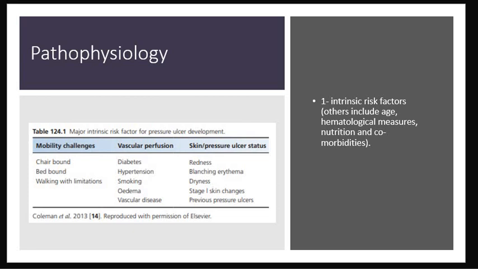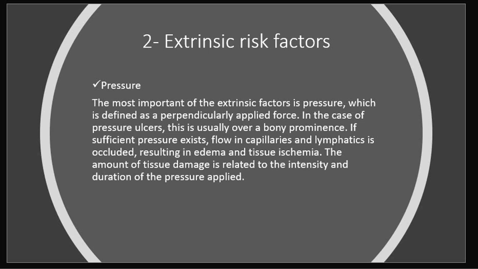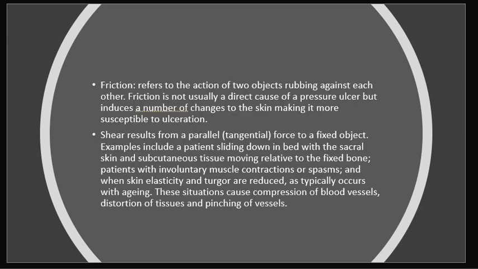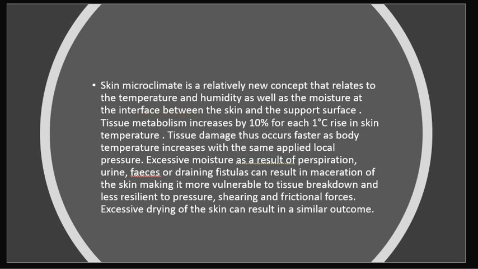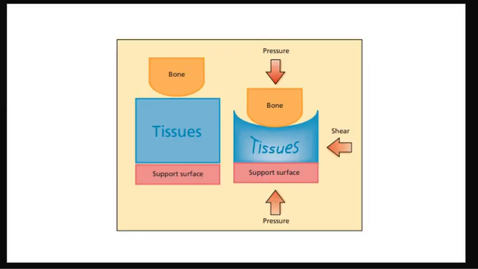Okay, there are some very important extrinsic factors, in which number 1 is the pressure, number 2 is the friction, number 3 is the shear, and number 4 is the skin microclimate, which is more understandable with this picture. So basically this is the tissue of the skin, and there is a bone and there is a support surface. Support surface is like the bed, mattress, chair, and walking with the limitation.